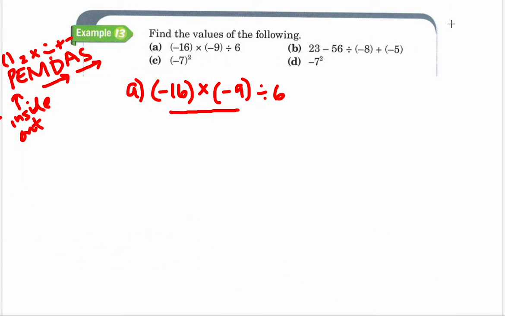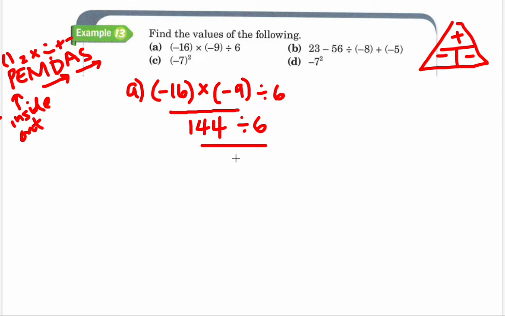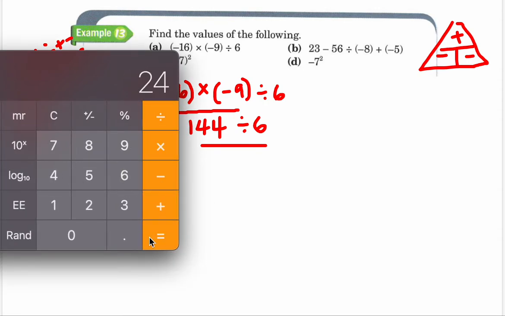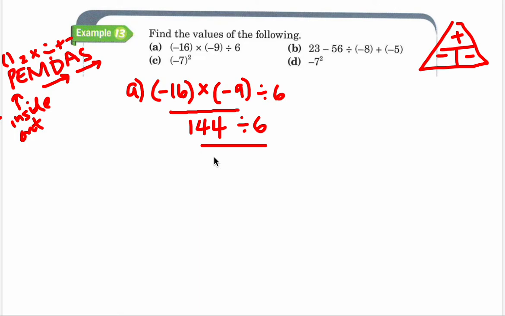These are negative integers. Negative times negative is positive, so it is a positive 144. Then I copy back down that divide by 6. I'm not touching it yet. So I did my multiplication and division, whichever came first. I saw multiplication. Now all I have left is division. So I have to solve 144 divided by 6, and then my answer is 24. And I'm going to circle that as my answer. All right, let's head on over and try B.